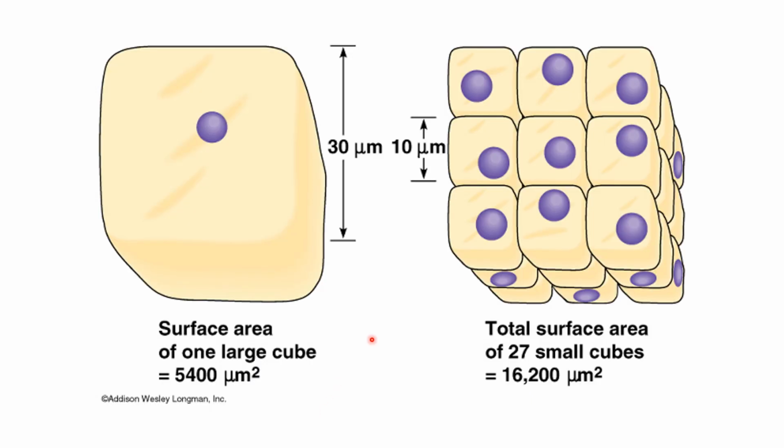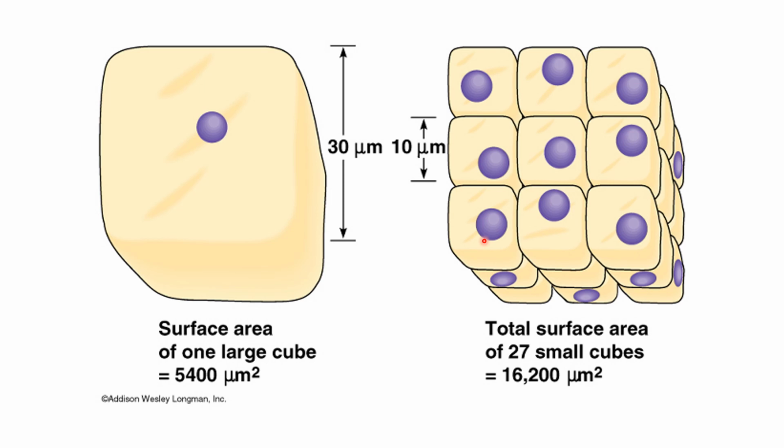I think this image really sums up the importance of having a high surface area to volume ratio, because if we were just made up of one gigantic cell like this, we can see that there aren't that many entry points for nutrients or gases like oxygen to get in, and it's going to take a very long time for those nutrients and gases to get all the way into the center here. However, we are made up of multiple cells like over here, and there are multiple entry points into each cell, and it will take much less time for the nutrients or the gases to get all the way into the cell.